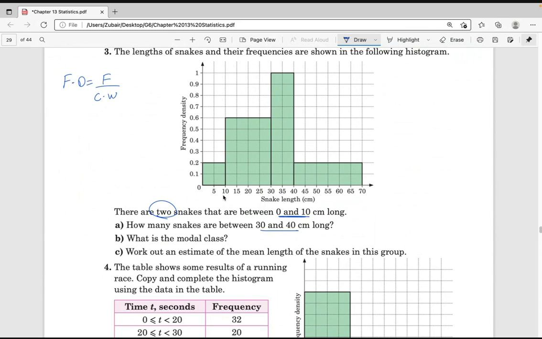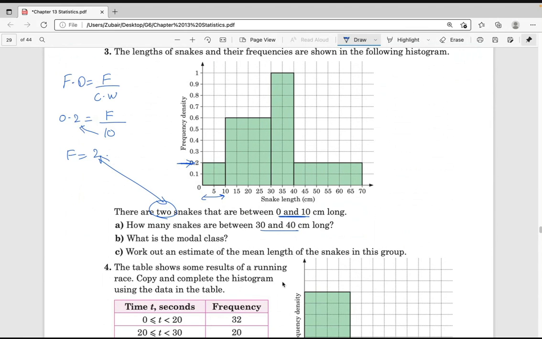I'm just showing you using the first block that the frequency density is 0.2 and the class width is 10. This is the class width for the first bar and this is the frequency density. So if you multiply, you get a frequency of 2.